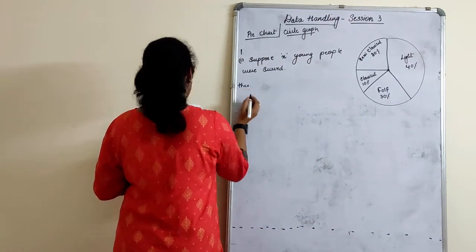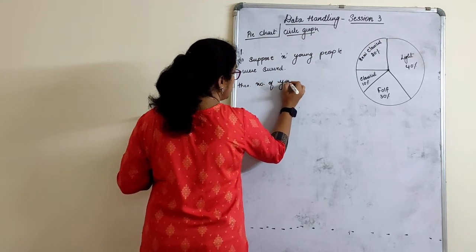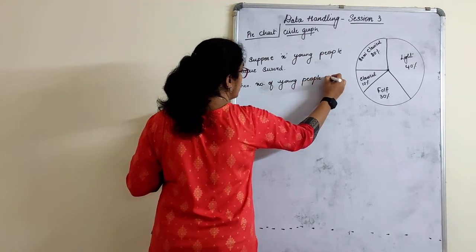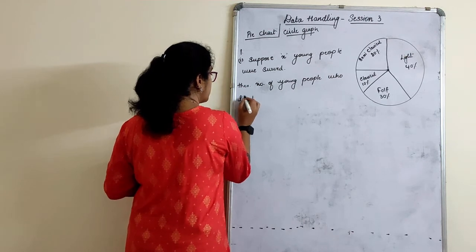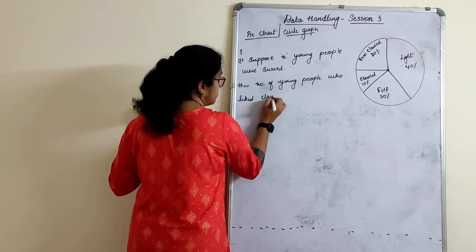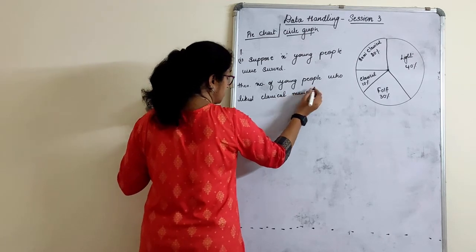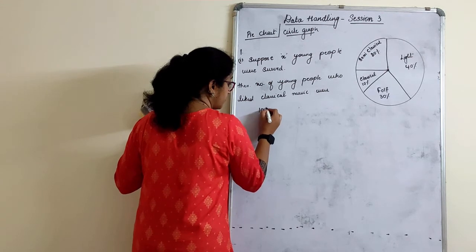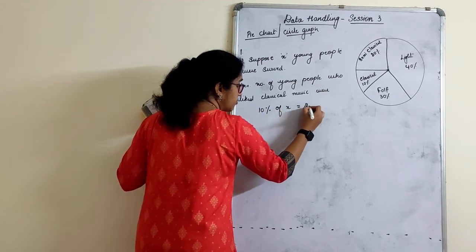Then the number of young people who liked classical music were 10% of X, that is equal to 20.